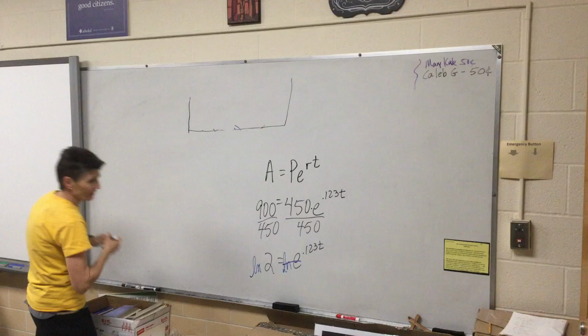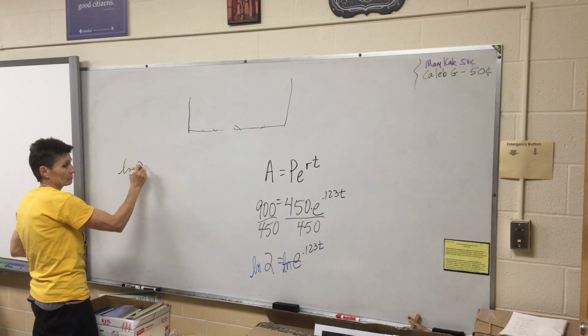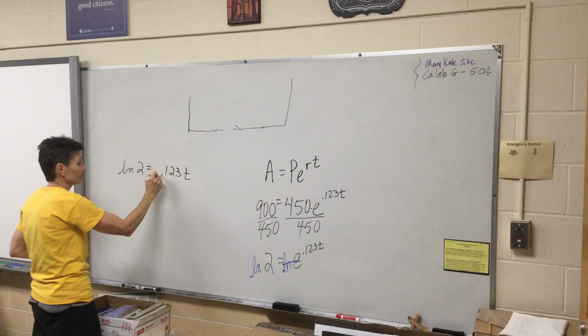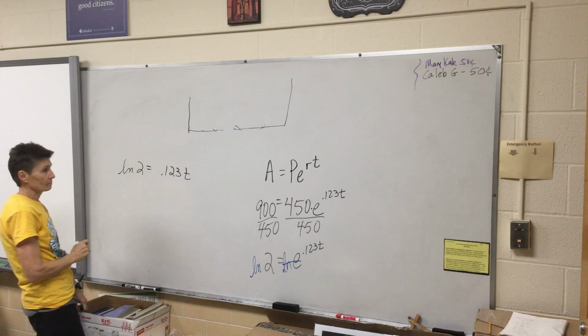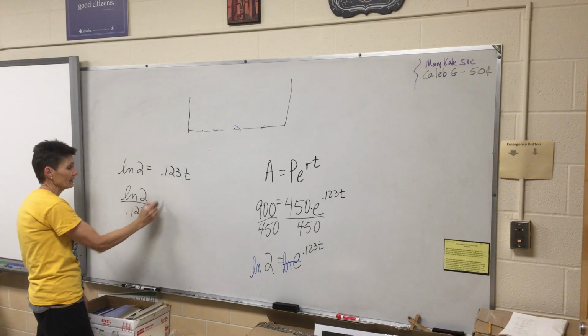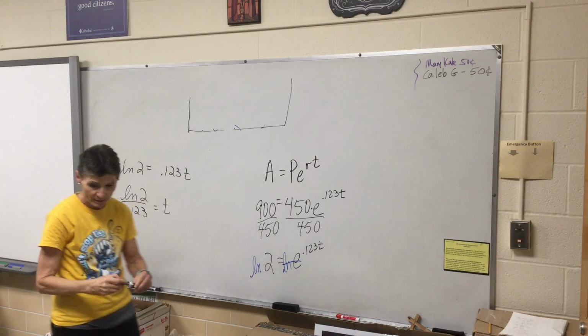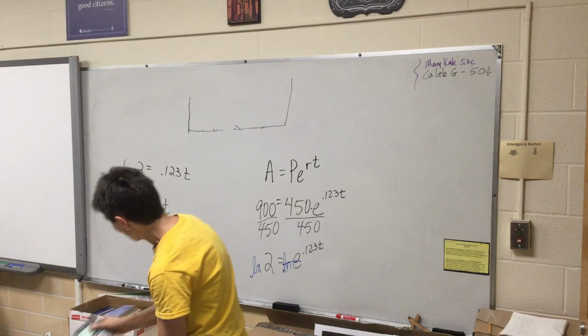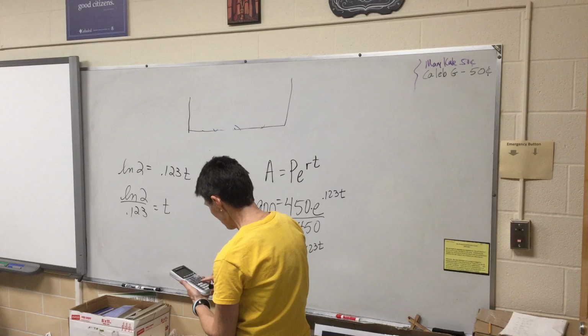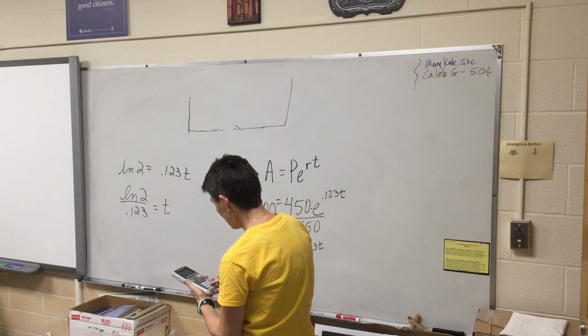So we have ln2 equals 0.123t. So we'll just divide ln2 by 0.123, and that'll be our t. Now, don't check out. I gotta talk to you about one more thing real quick to make sure you see what's going on. Let's get an answer here.